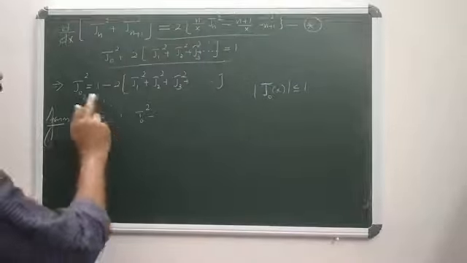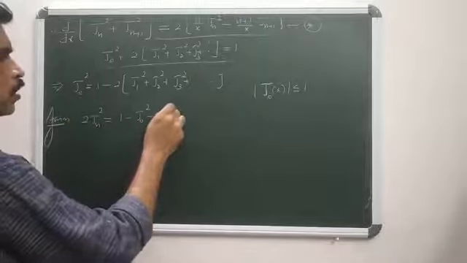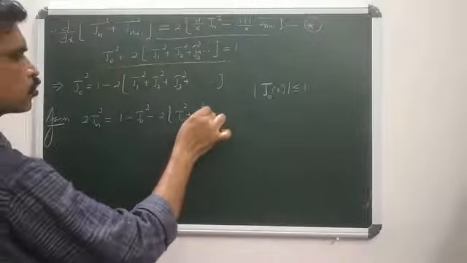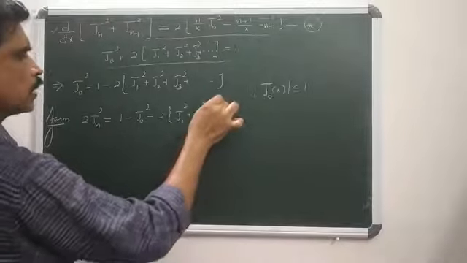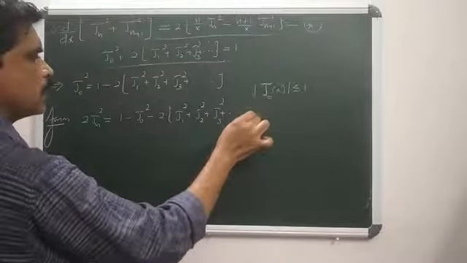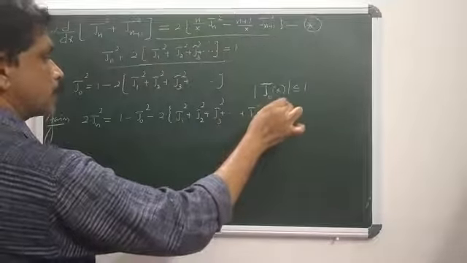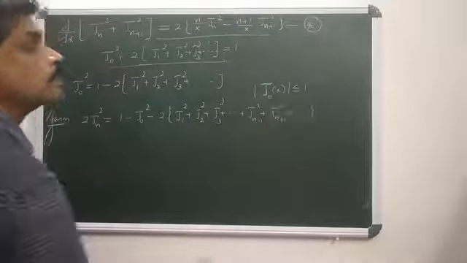What remains there? 1 minus J0 square minus 2 into J1 square plus J2 square plus J3 square plus etc. plus Jn minus 1 square plus Jn plus 1 square plus etc.